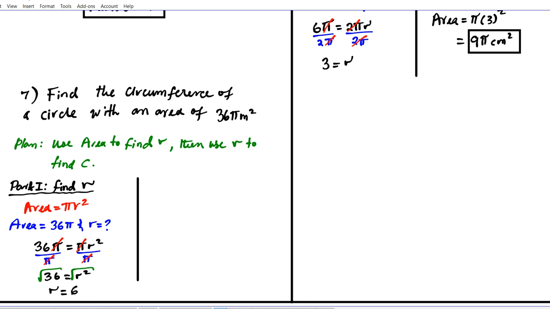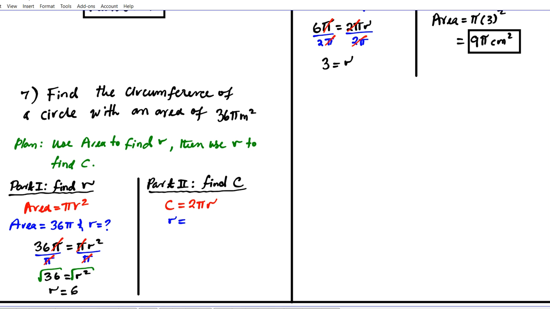We're not done yet. There are 2 parts to this process. Part 2, we're going to find the circumference using the radius. Okay, so what formula connects the circumference and the radius? It's 2 pi r, correct? Bam, we know what the radius is.